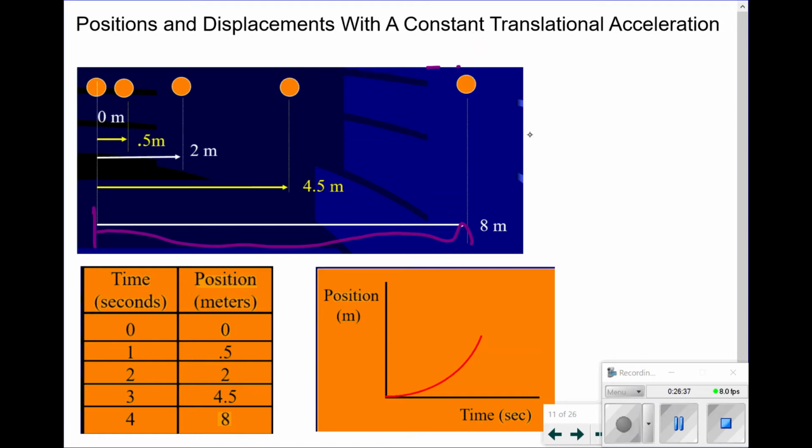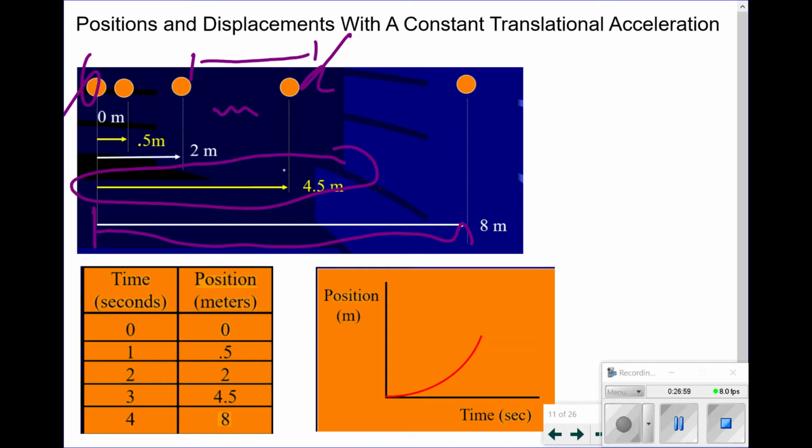So I may not be interested in the fact that this object has traveled a particular distance from, let's say, 2 to 3 seconds. Instead, I just want to know where is the location of this object at 3 seconds in reference to my origin. So this distance here is not really as important to me as this distance here, which is the total distance traveled.